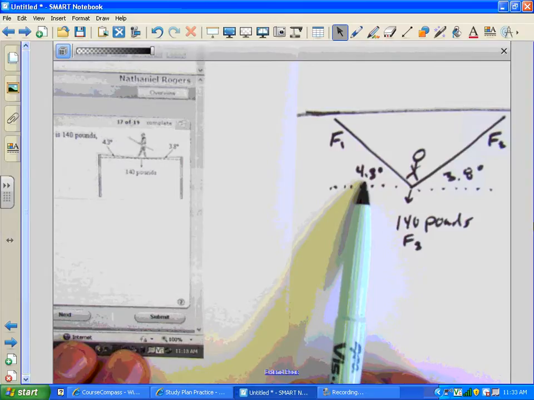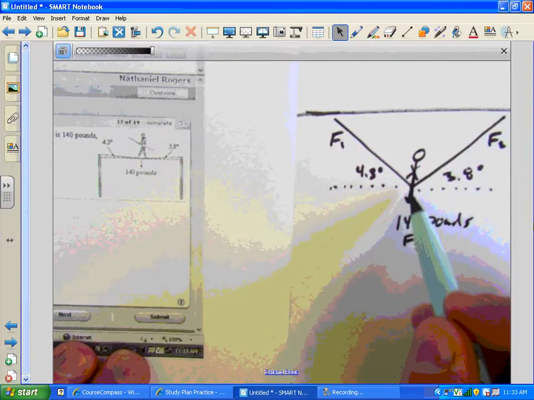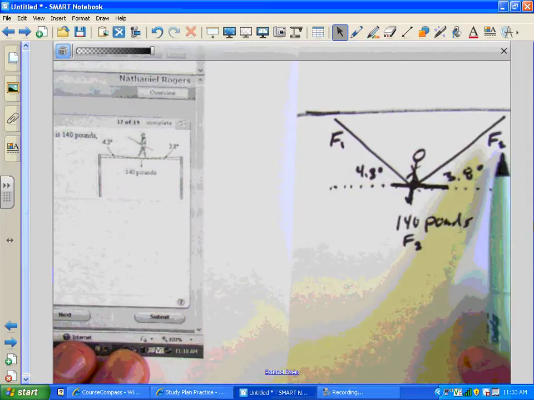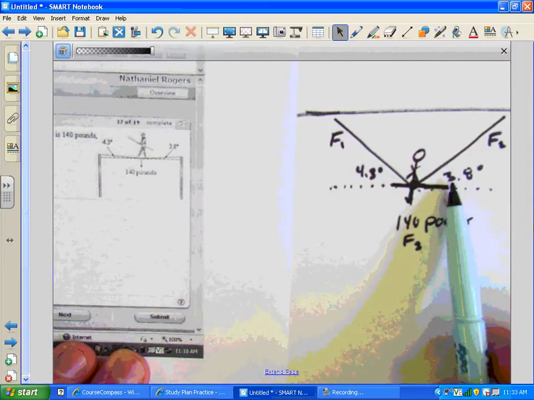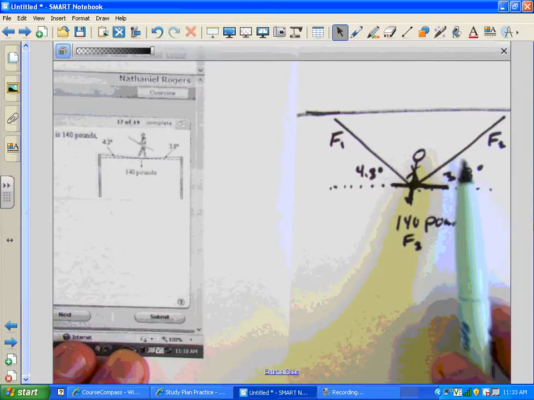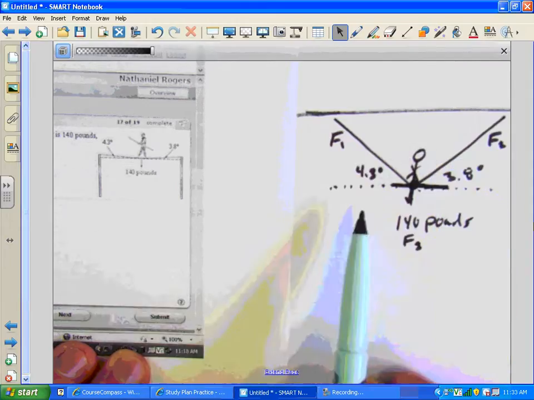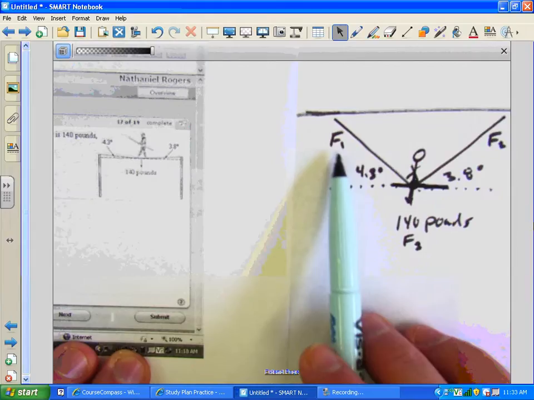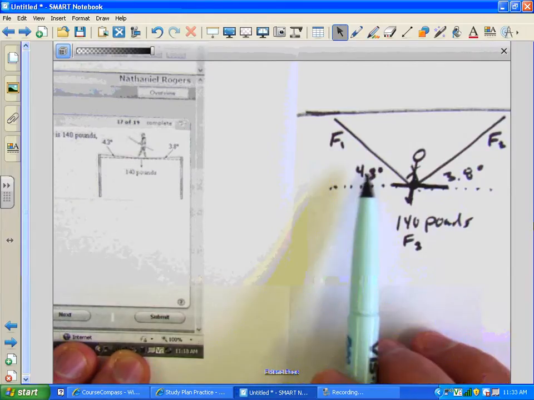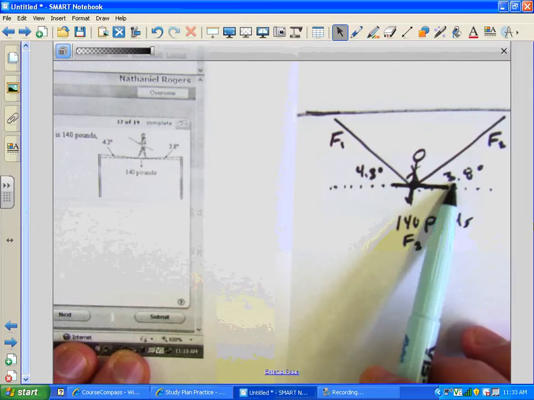So the x and y axis I'm going to make right here. And so this is going to be the origin. And so the angle for F2 would be 3.8 degrees because that's the angle formed with the positive x-axis. But y'all see if y'all can figure out what would be the angle for F1 there, the positive angle formed with the x-axis. What would be this angle?